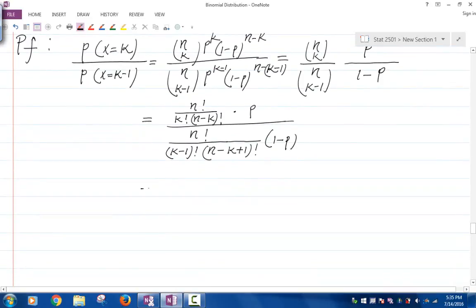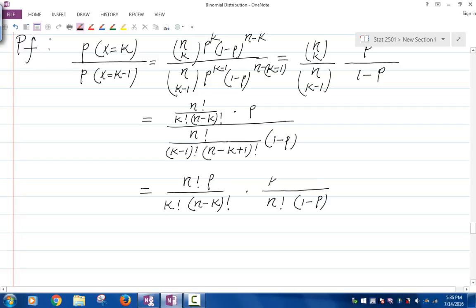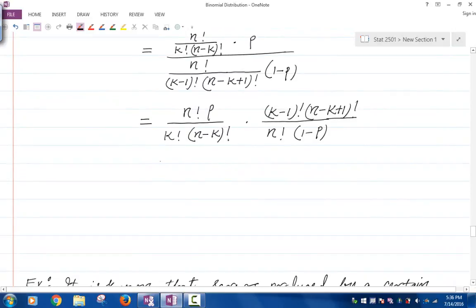And we have to do some algebra here, so this would be n factorial over k factorial n minus k factorial times p times n factorial times 1 minus p over k minus 1 factorial n minus k plus 1 factorial, and then you can do some cancellations here.